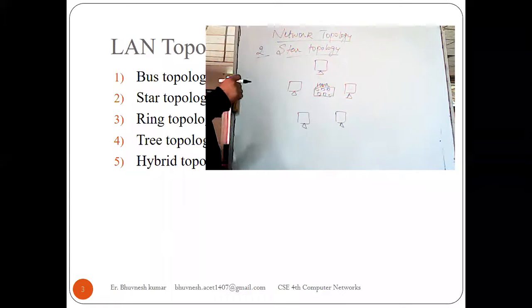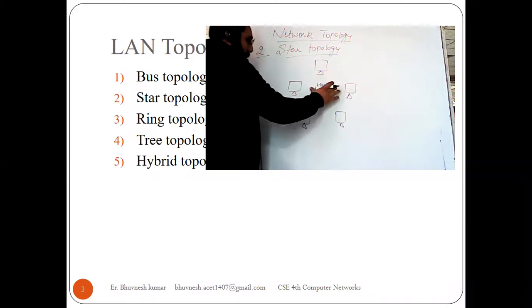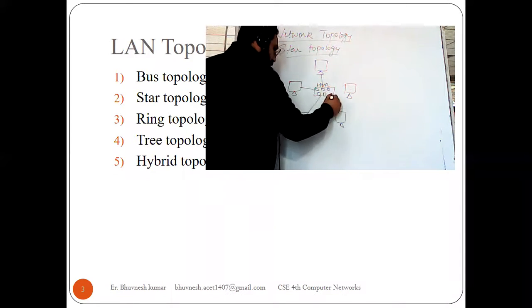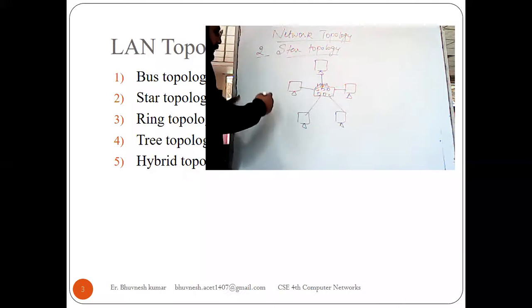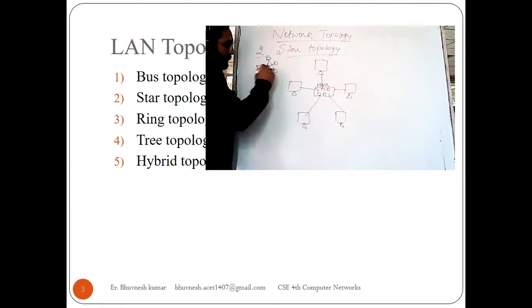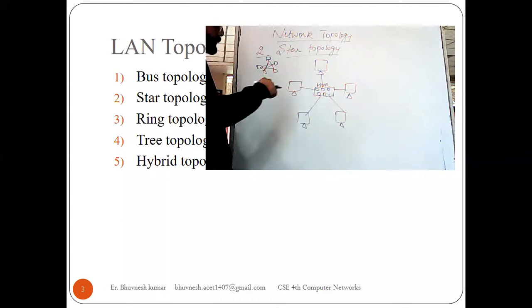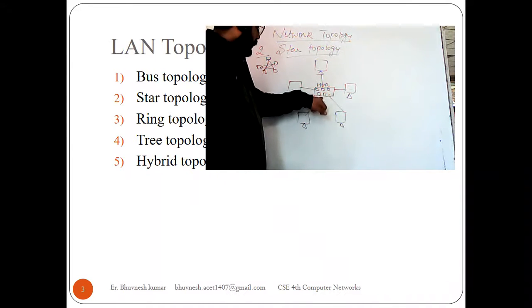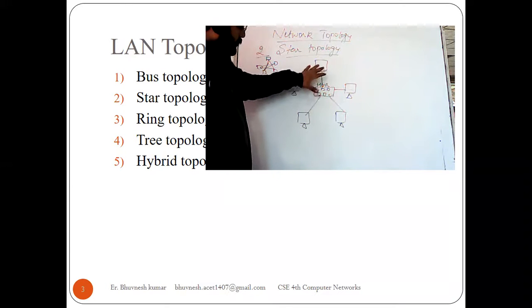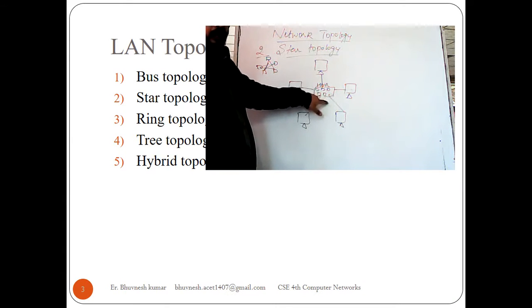We have studied that a hub is hardware. We connect these PCs with these connections, and now you will see that your star is made. These PCs are connected with your centralized device, that is a hub. In this manner we can communicate with each other through this centralized device.